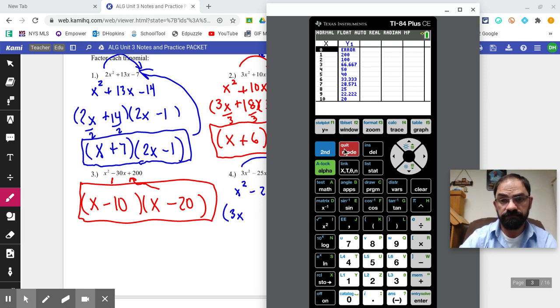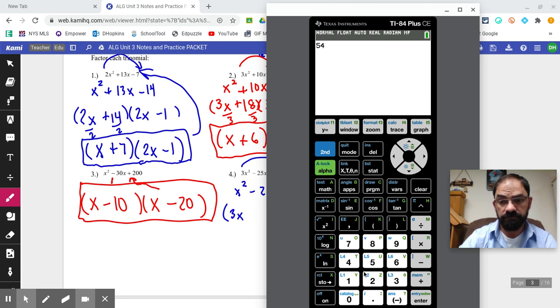Always check your work. Perfect. We're going to go to y equals, change this to 126, and go to our table.